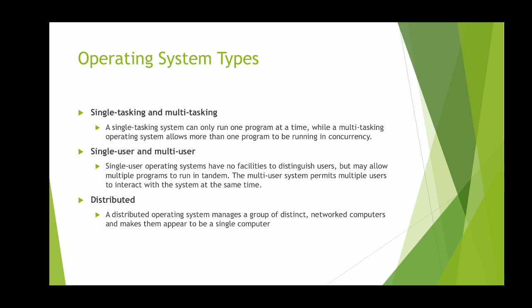In either case, the multitasking operating system can run multiple processes or tasks simultaneously. So it is defined as: a single tasking operating system can run only one program at a time, while a multitasking operating system allows more than one program to run concurrently.